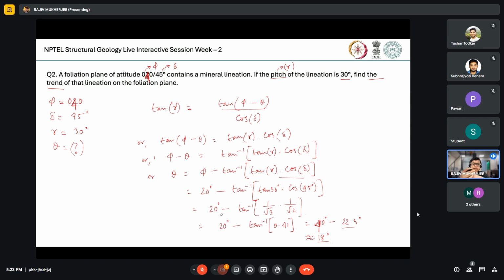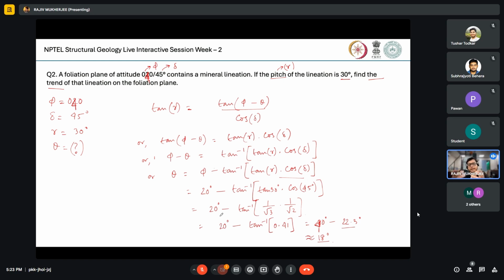So that is why phi minus theta may not always be a positive quantity. It can be a negative quantity as well, but we simply take the absolute value. For the sake of this problem I just changed it to show how the formula works.